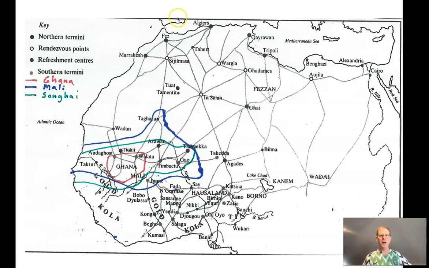Same thing here. These trade routes, especially across the Sahara Desert here, are pretty set routes. If you veer off of these, you die. Okay? Because these routes only go through areas where there's water. So these states, once again, don't need to control this whole territory. They just have to control where these routes come out, like the tollway, right?